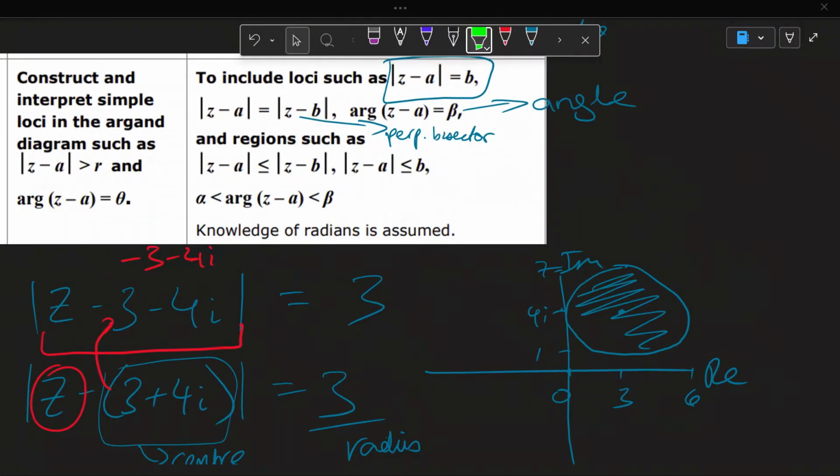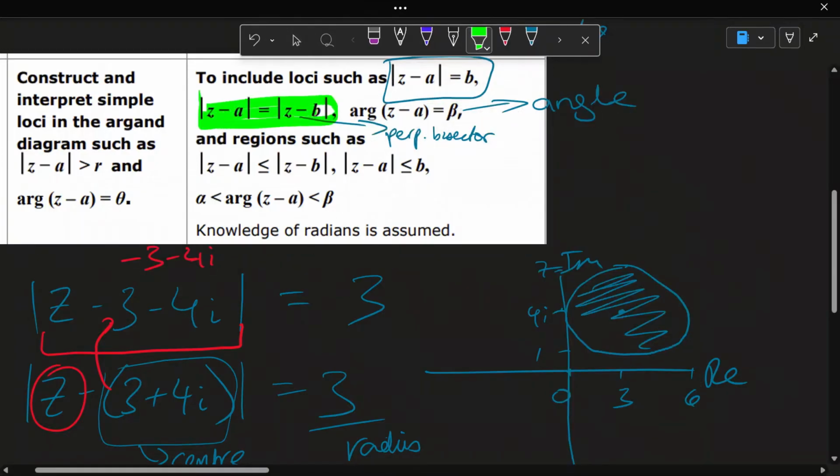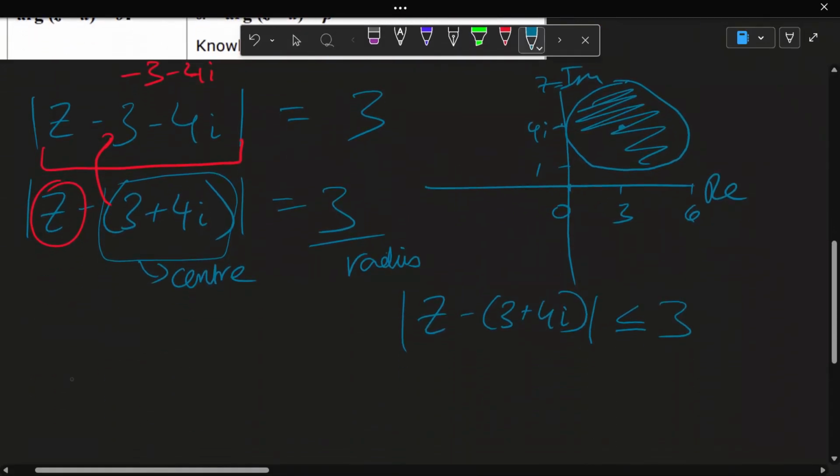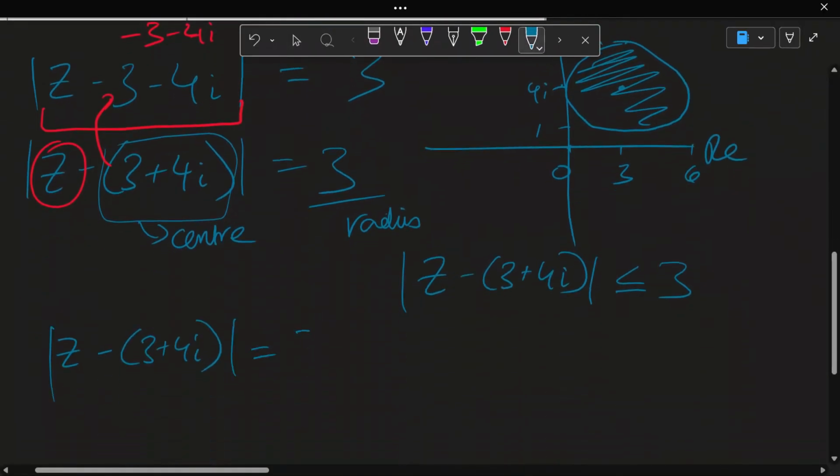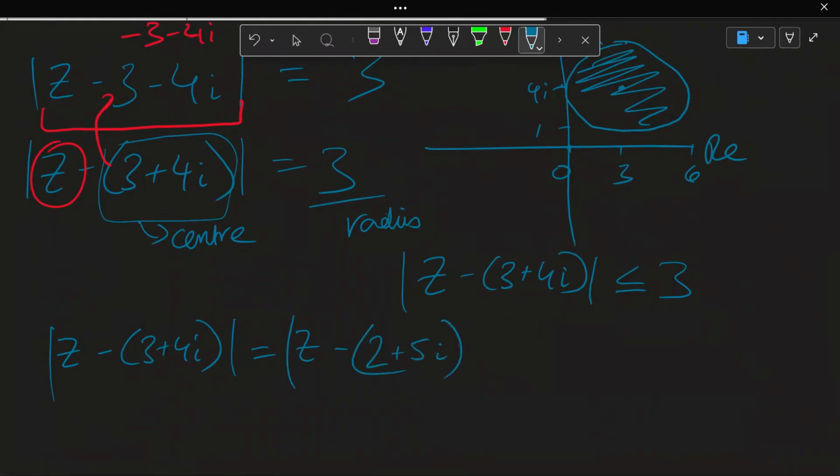The next sort of genre of loci that we need to worry about is this. This is our perpendicular bisector. So we'll just do what we had before, |z - (3 + 4i)| equal to |z - (2 + 5i)|. Fine, we can do that.